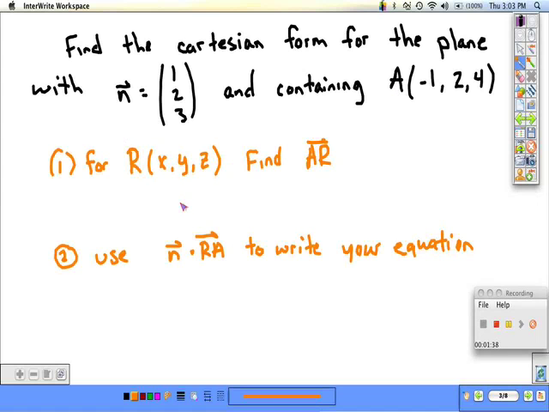The first thing we do is look at what vector AR would be, where R is considered to be (x, y, z). So AR will be (x + 1, y - 2, z - 4). We can take the dot product being equal to 0 to write our equation.